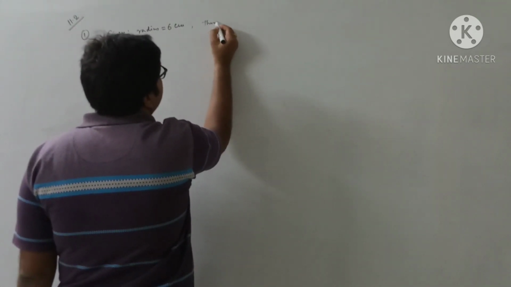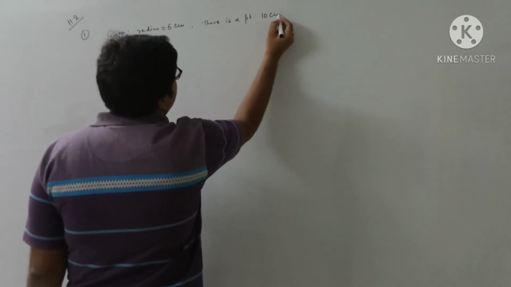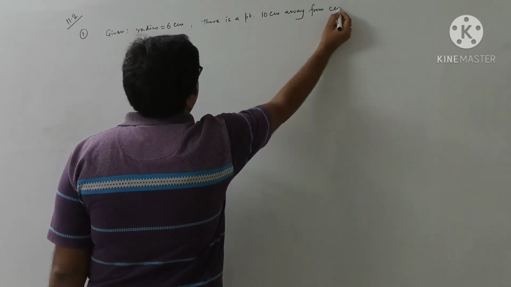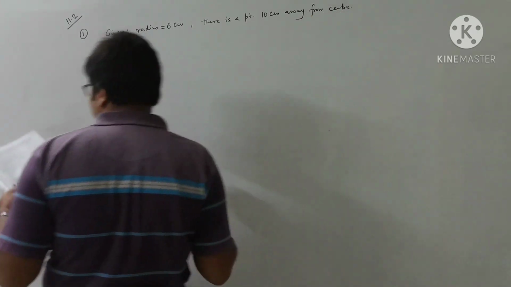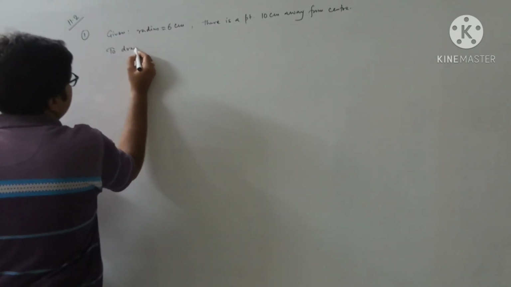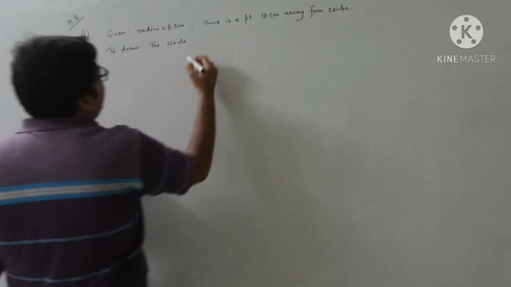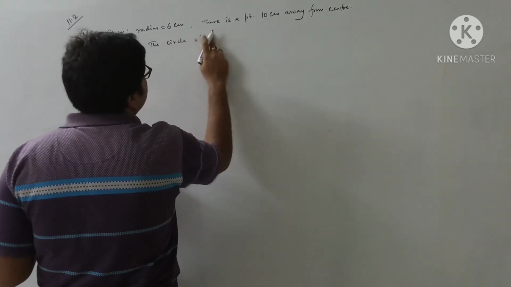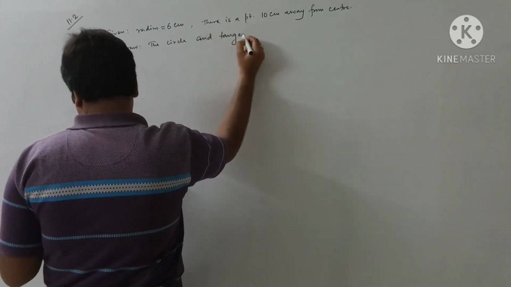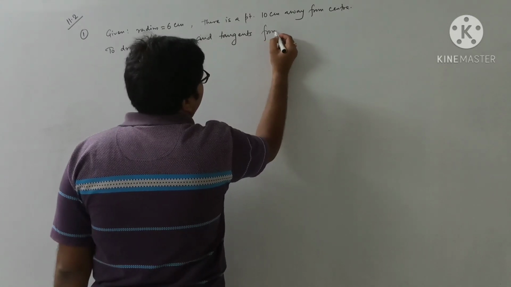There is a point 10 cm away from the center. What do you have to draw? To draw the circle and tangents from the external point.